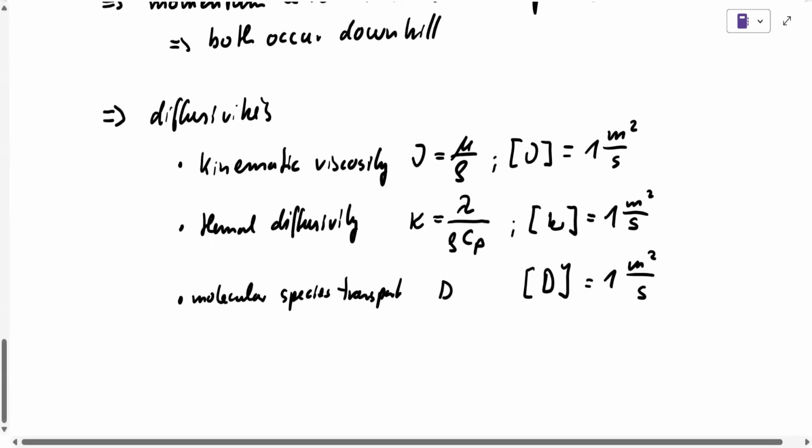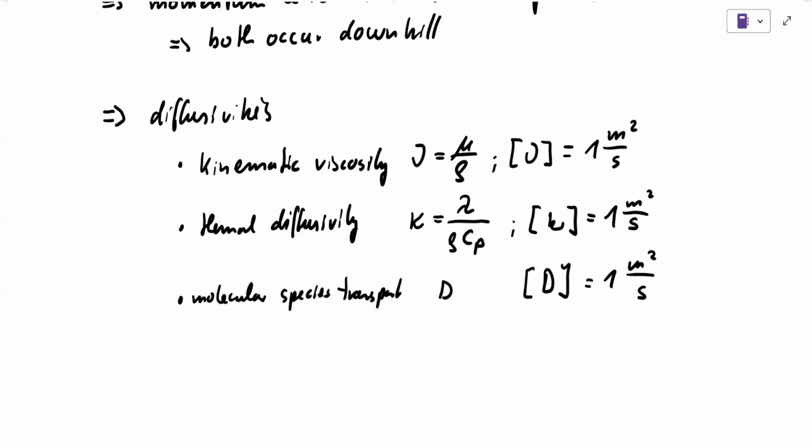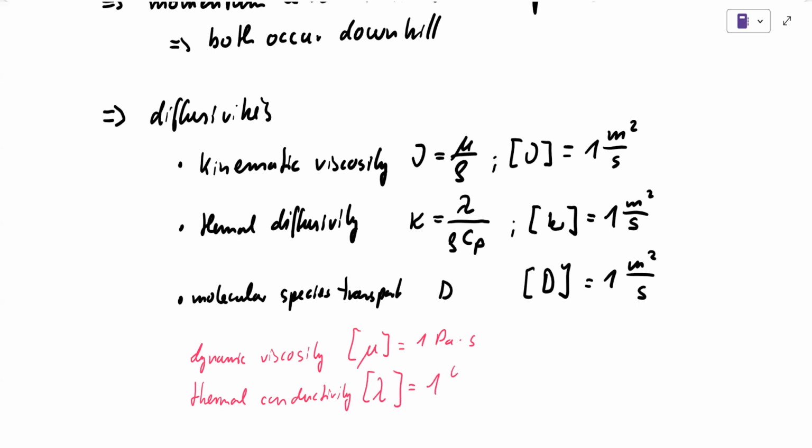To compare it, of course, with the also very often used dynamic viscosity, we have that the unit is just 1 Pascal times a second, and that for lambda, the thermal conductivity, we just have 1 watt per meter and Kelvin.